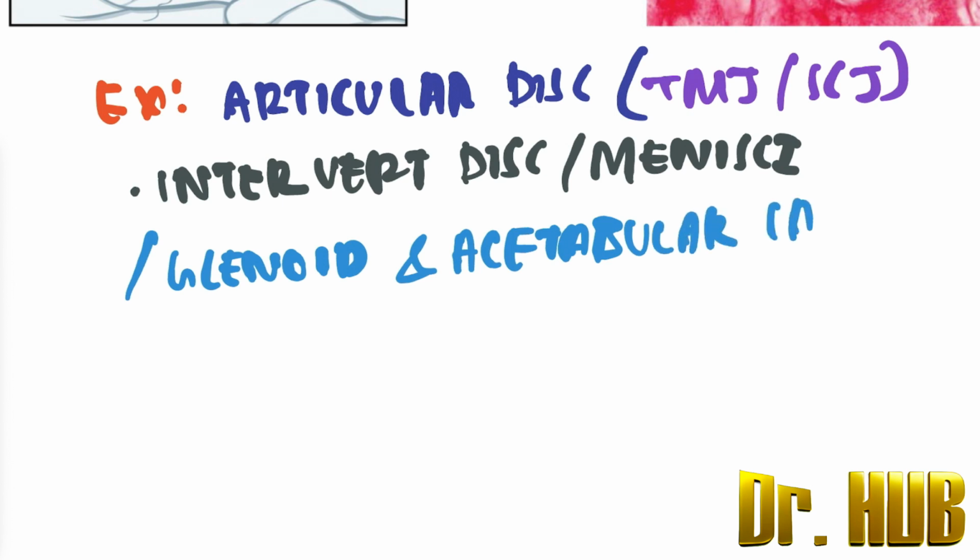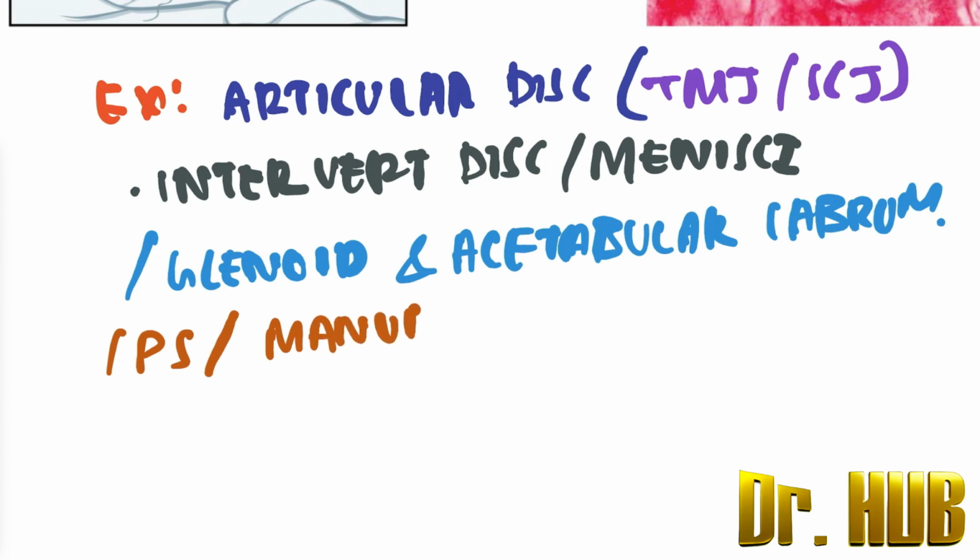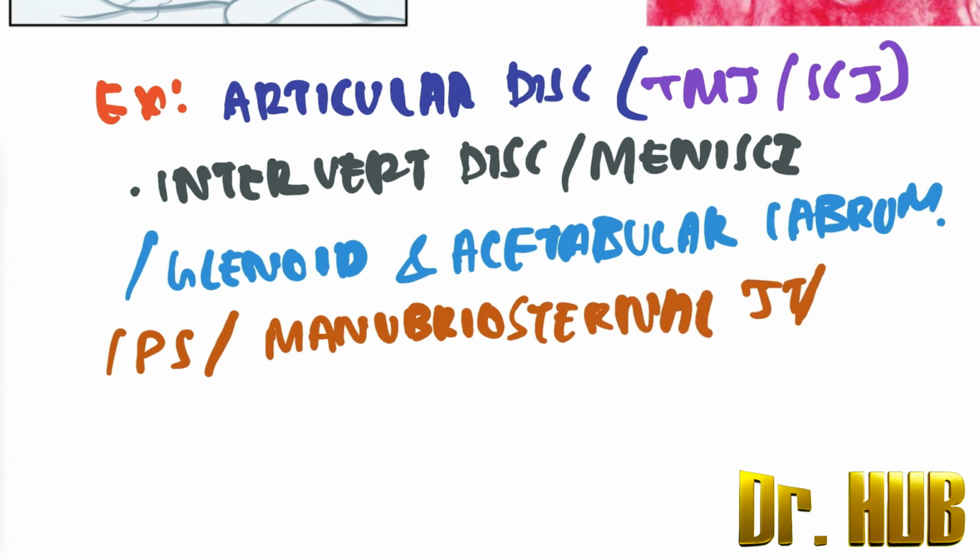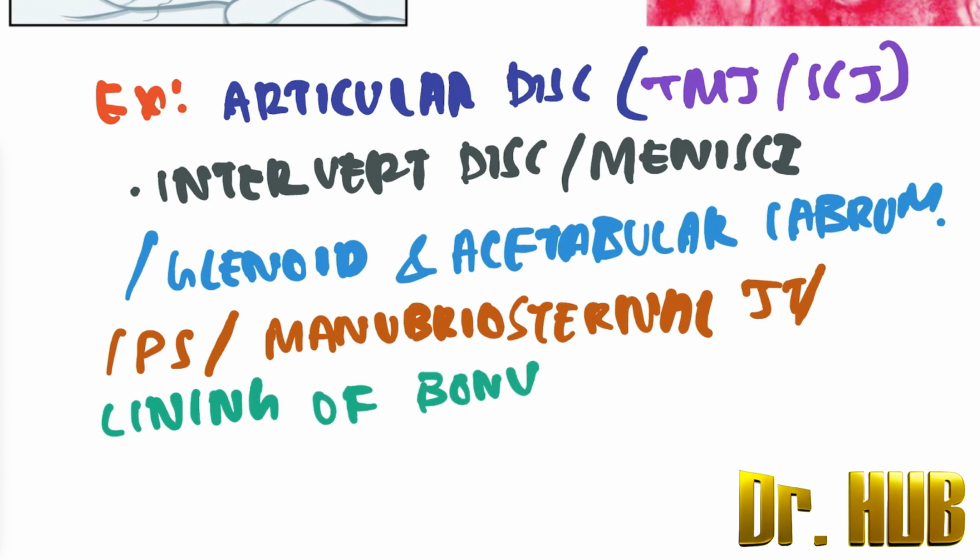Then there is the pubic symphysis, the manubriosternal joint, and the lining of the bony grooves for the tendons.